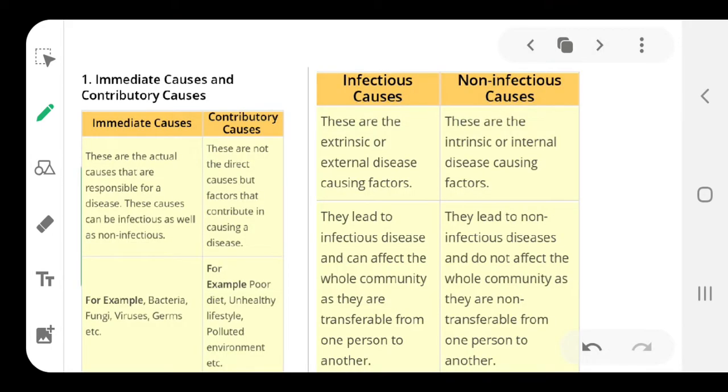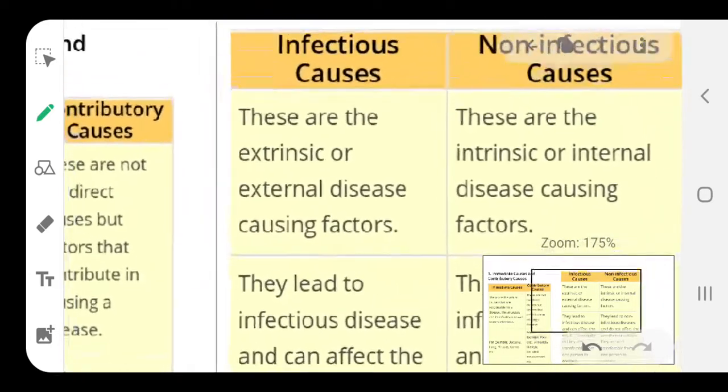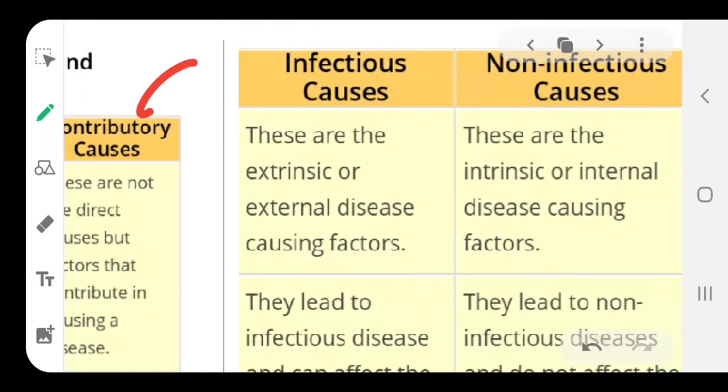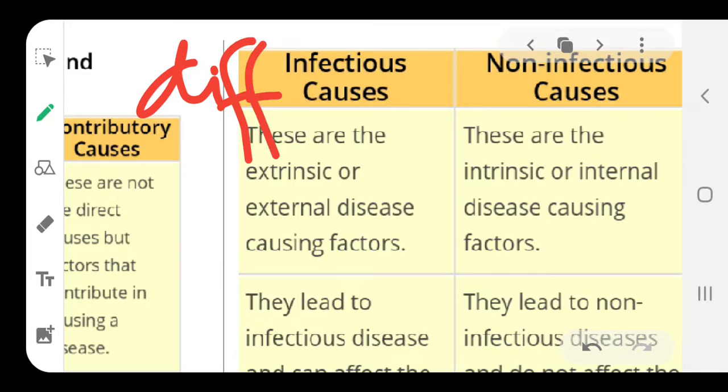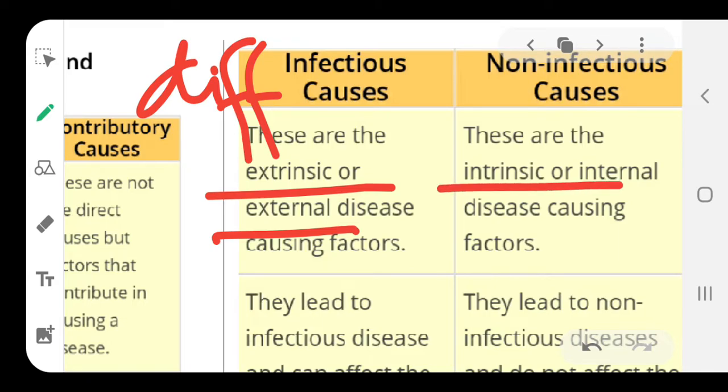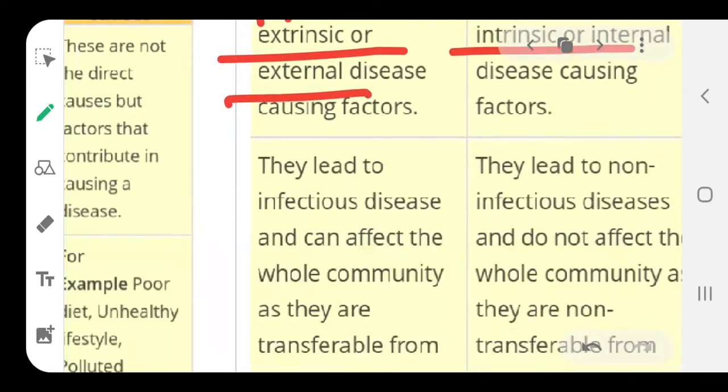Now, underline these two terms and try to differentiate between the two: what are infectious diseases and what are non-infectious. As the name suggests, you will get the answer. Infectious diseases are extrinsic or external, because we get infection from outside. Non-infectious diseases are internal, where the body system does not function properly.